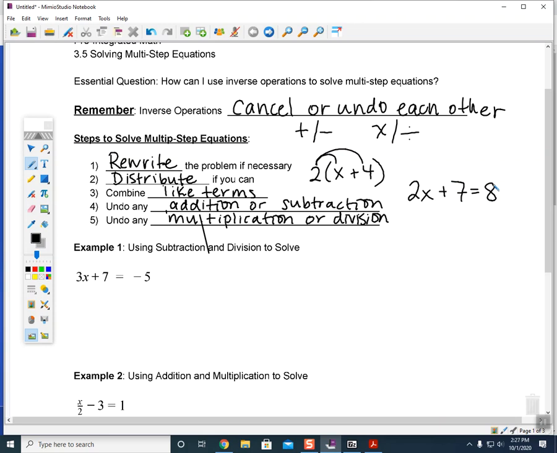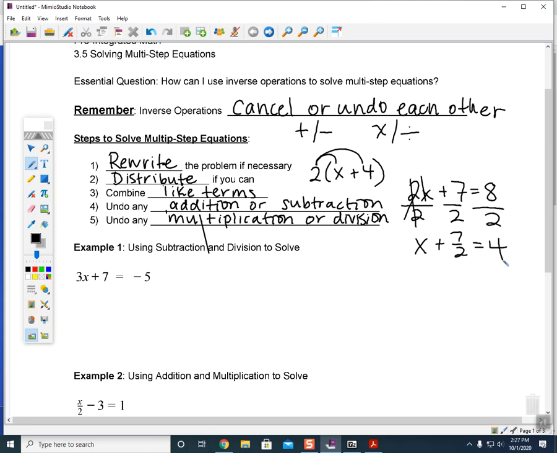I would want to divide first. Well, I can't just divide this by 2 and be done. I would also need to divide my 7 by 2. So then these cancel out, which is what we want eventually. So then I would have x plus 7 halves equals 4.